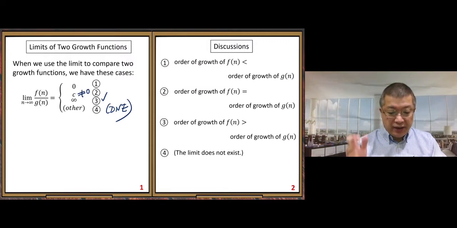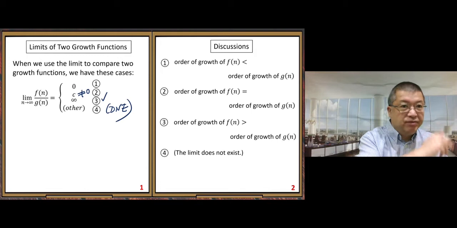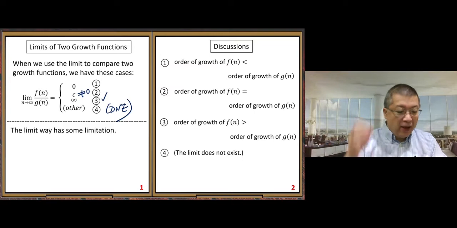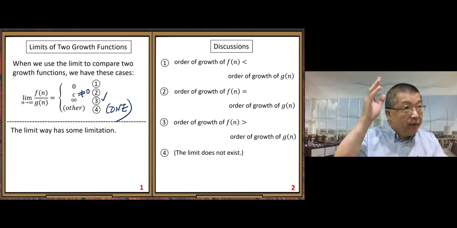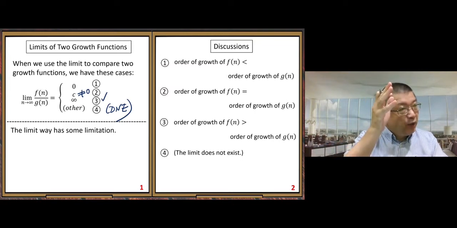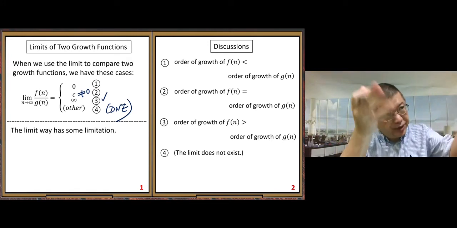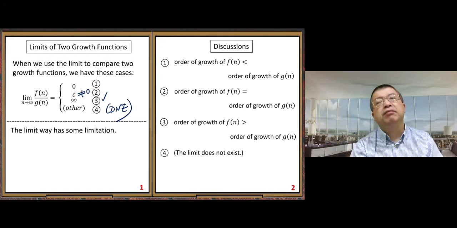All right. Let's look at the next thing. When we compare two growth functions, we need to use the limit technique. Limit, we know, is a calculus technique, a tool we can use.